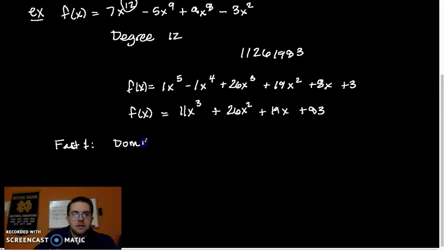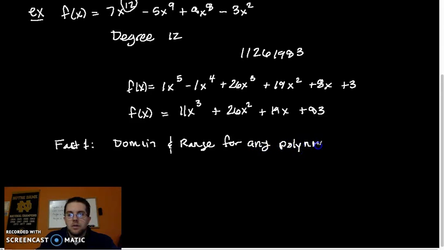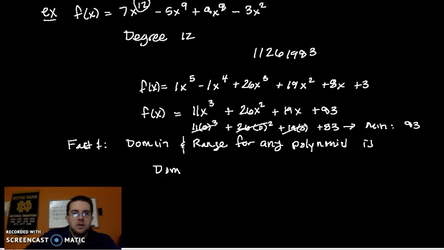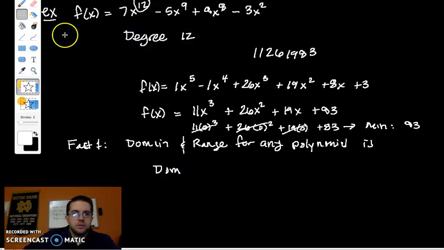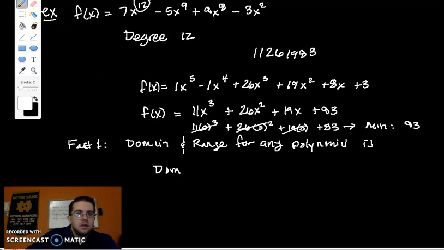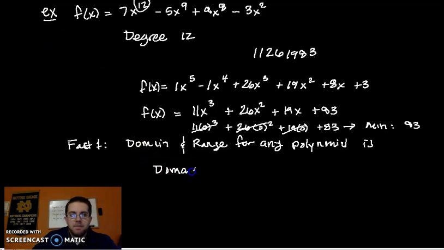Domain and range for any polynomial is domain. We're going to use all real numbers, and I've lost my tool, so hold on a second. Okay, so domain is going to be all real numbers.